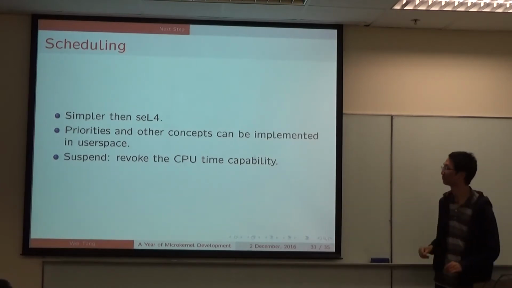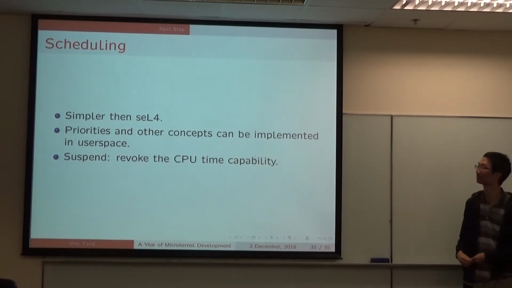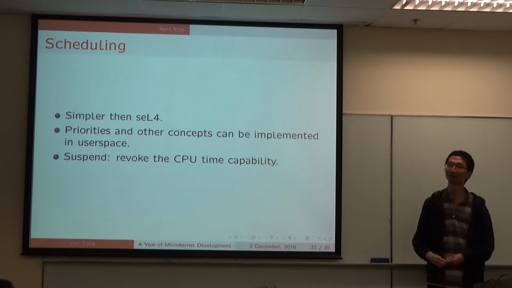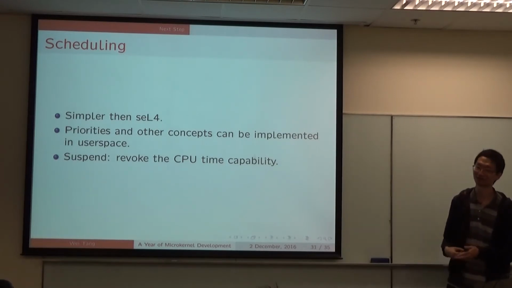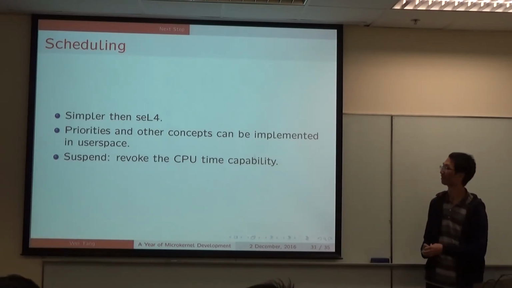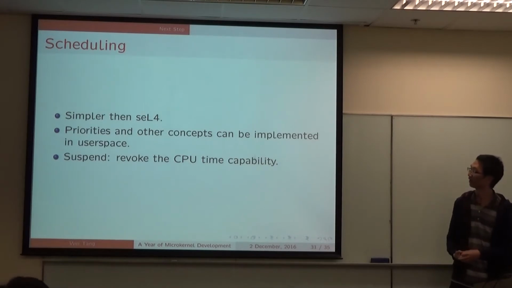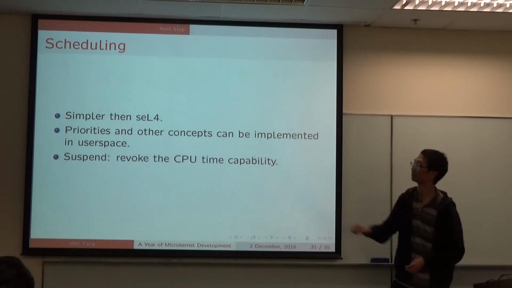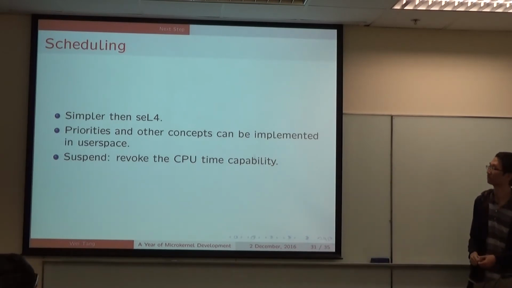This is not implemented, but I guess it's simpler than seL4. seL4 just has a simple round-robin scheduler with priorities, and those priorities make it a little bit complicated. So what I want is to implement those priorities and other unnecessary stuff in user space.